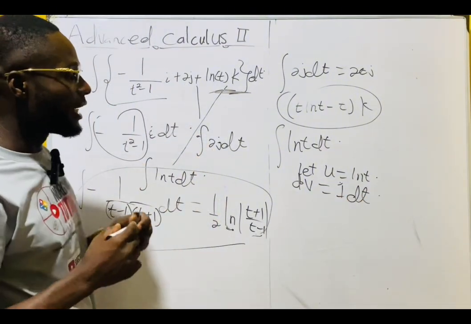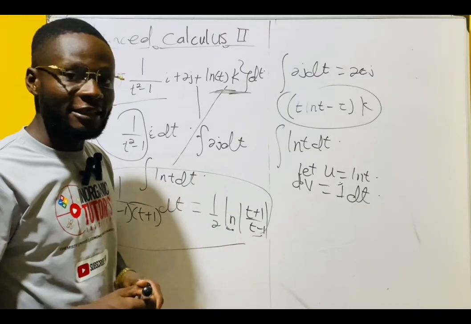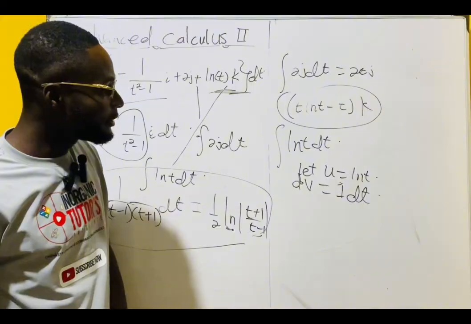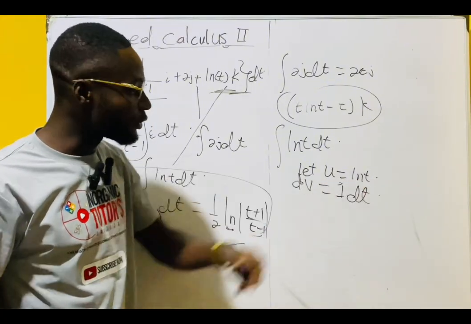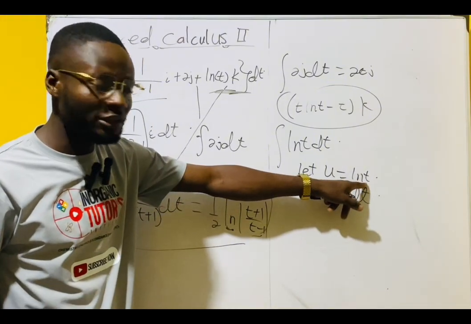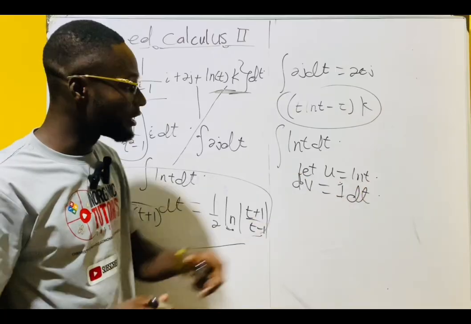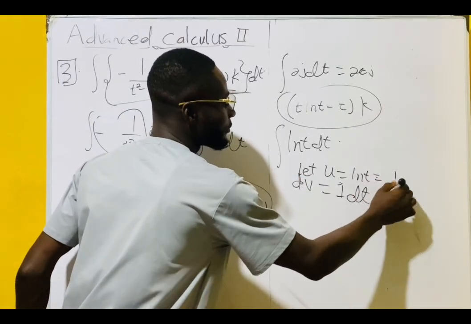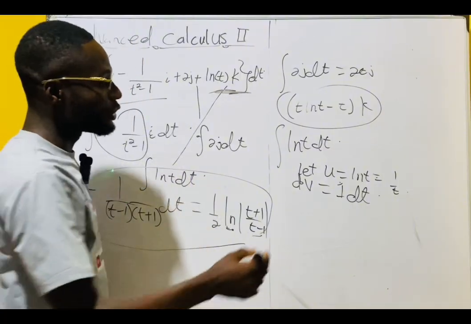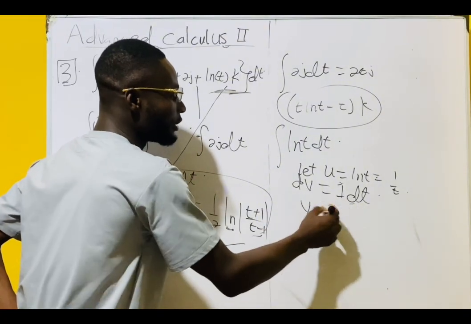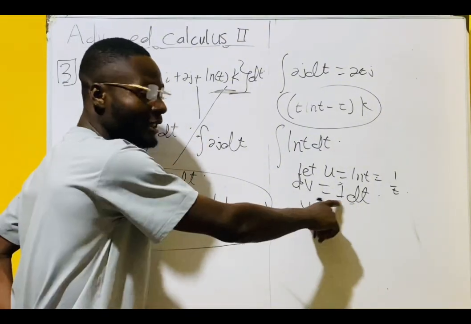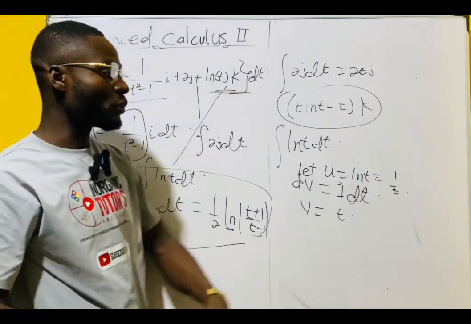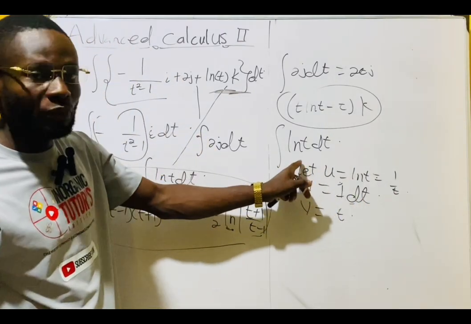So we differentiate the ln t, because we know the result: the derivative of ln t is 1 over t. And when you integrate 1 dt, you're going to have t. So this is the process we go through to integrate ln t.